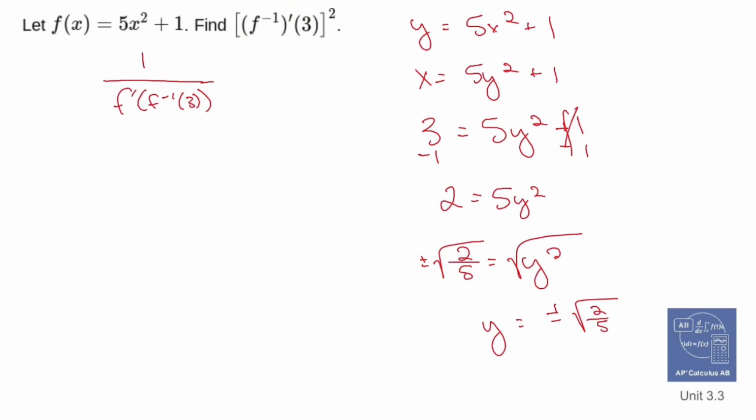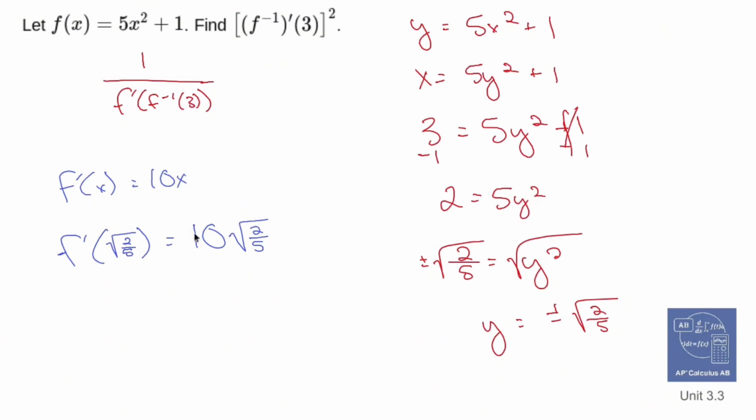So why don't I take the derivative of f so I can use this? The derivative of f is just 10x. That's nice. So the derivative at root 2/5 is 10 times root 2 over 5.